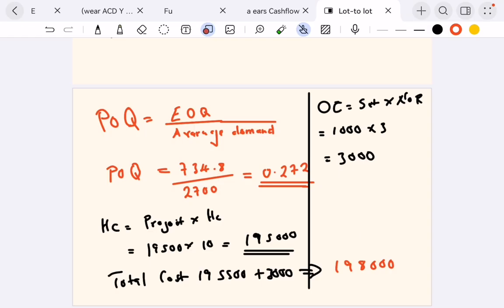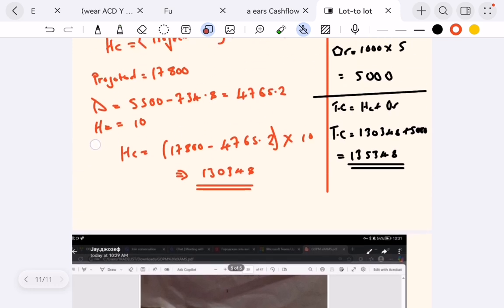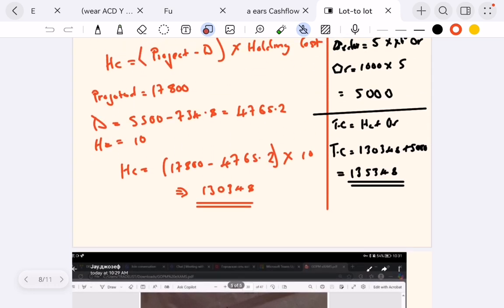So the question was asking, sorry? Yeah, that's what I was trying to say. We didn't do that in part B. We did. Okay. Total cost is here in part B. I'll show you. It is here. We added the two costs.